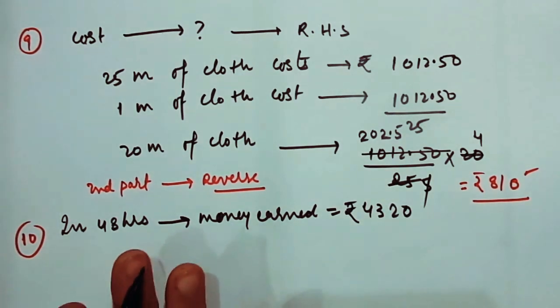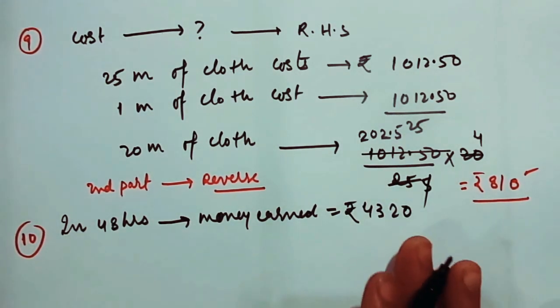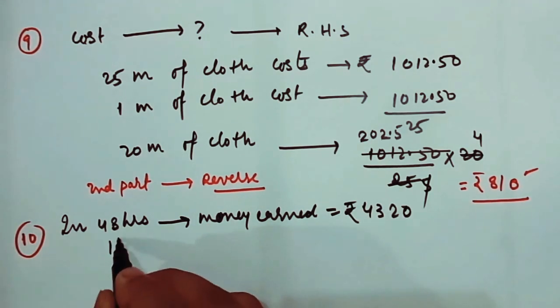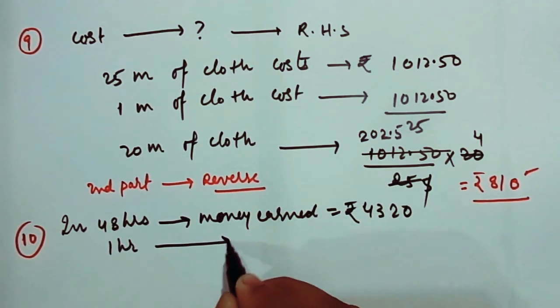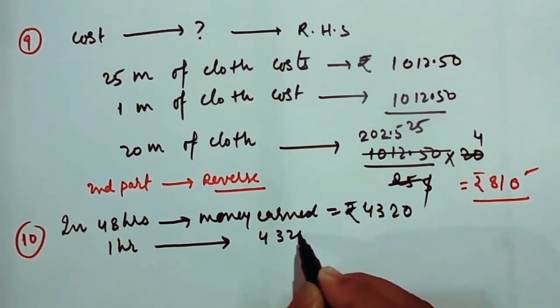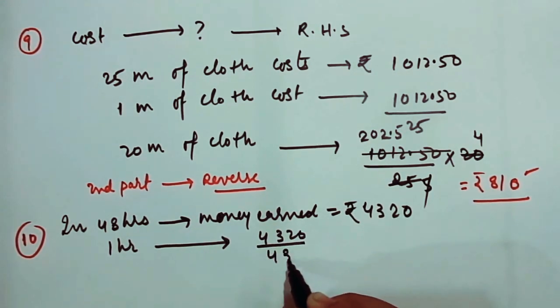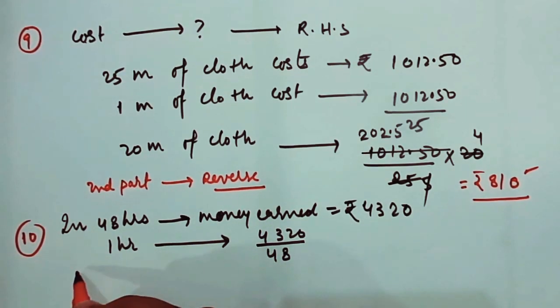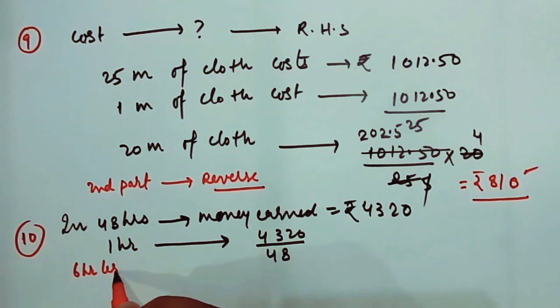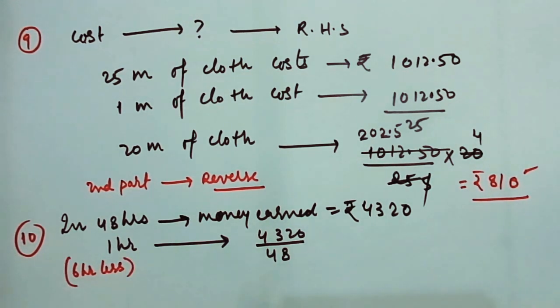So in 1 hour, what do you expect? To earn more or less? Naturally less. So 6 hours less. Instead of directly saying 42 hours, they are saying 6 hours less. So 6 hours less means they are talking about 42 hours.